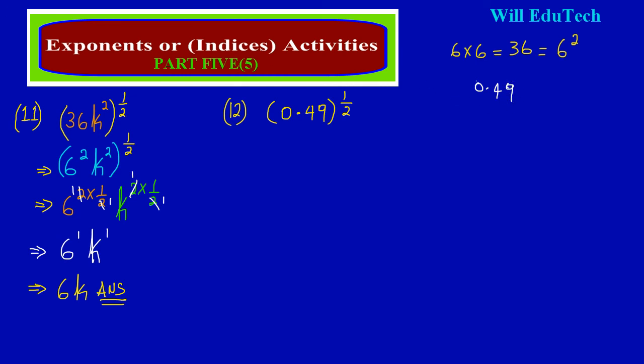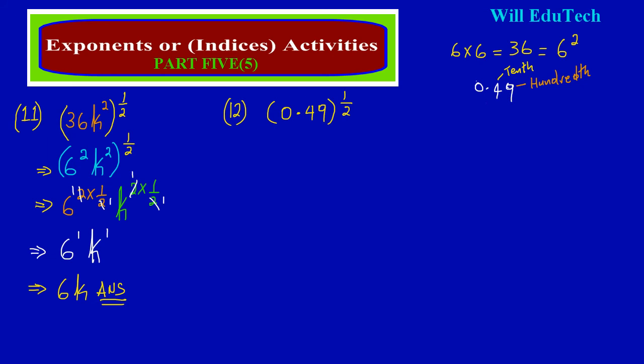So one of the first things to ask yourself is that, if this is written as a decimal, the 4 would be in the 10th column, and the 9 would be in the 100th column, my friends. So really, we can write this as a fraction.